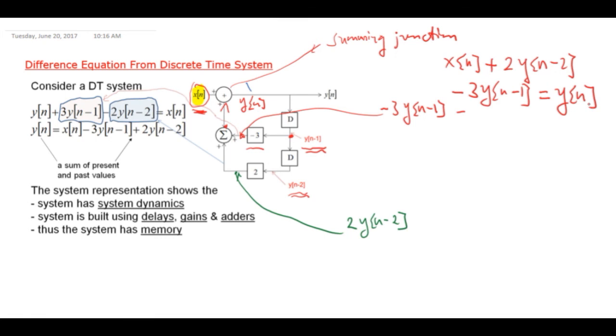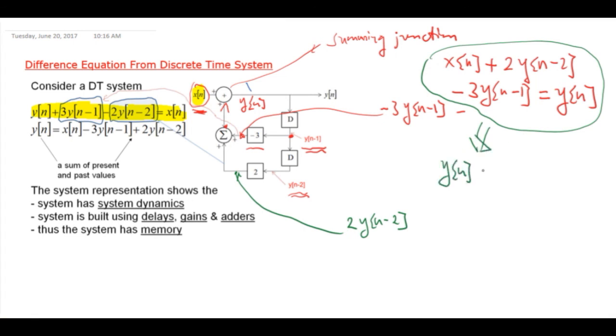Okay, so we can try to rearrange the equation. When we rearrange the equation, we will have y[n] plus 3y[n-1] minus 2y[n-2] equal to x[n]. Right, this is the difference equation.